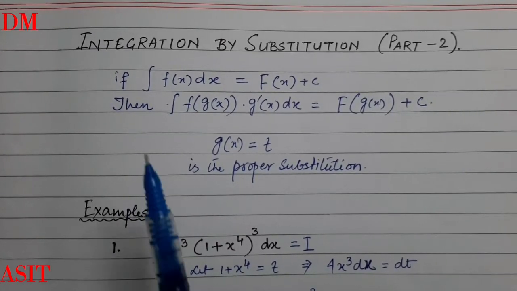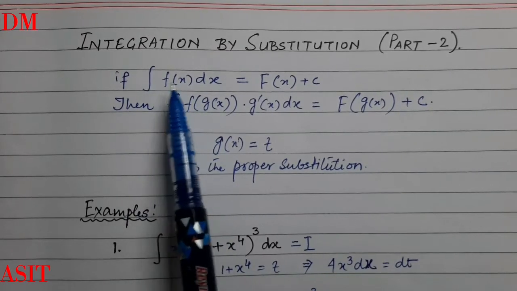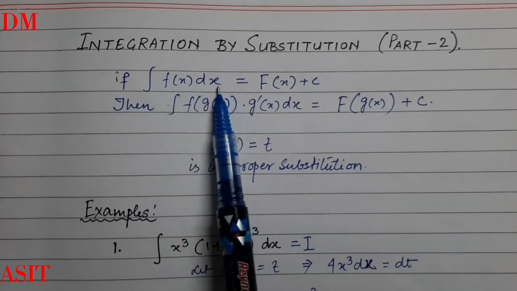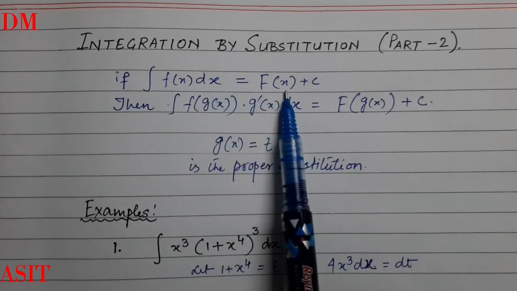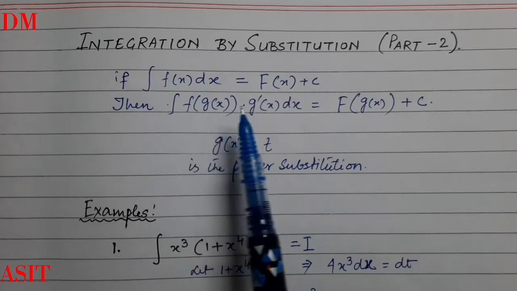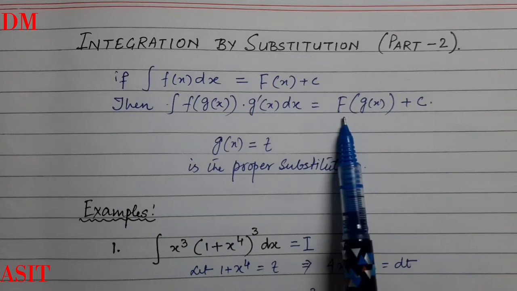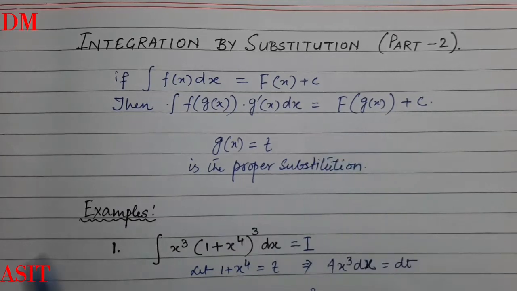In the previous video we learned that if the integration of small f(x) with respect to the variable x is capital F(x) plus c, then the integration of f(g(x)) into g'(x) with respect to x is capital F(g(x)) plus c.